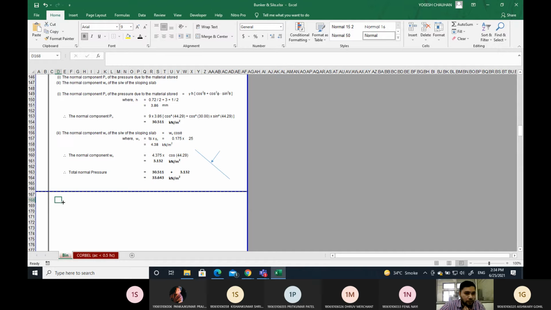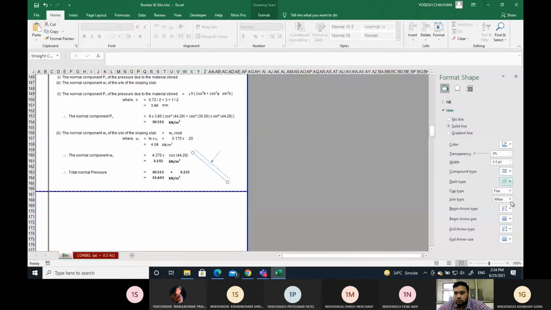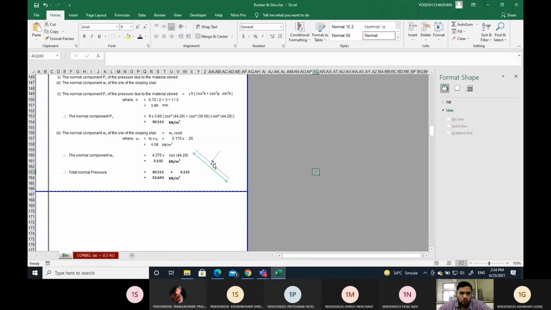Now let us first find the effective span. Let L be the effective span.